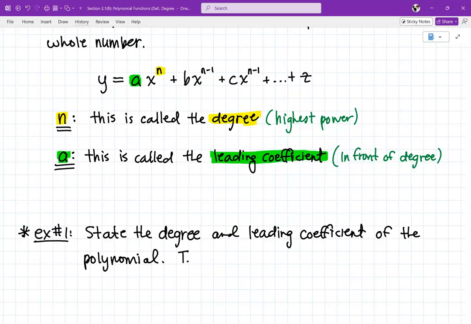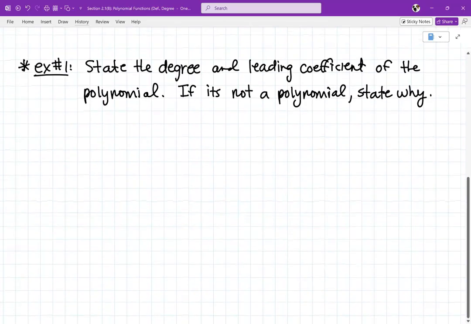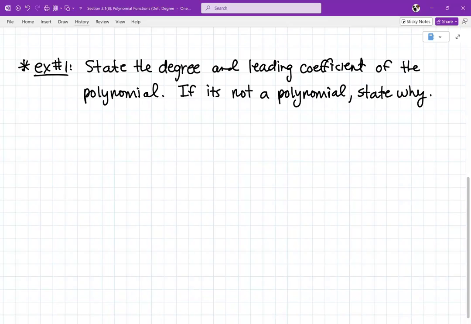If it's not a polynomial, state why. Like why is it not a polynomial? So we're going to state the degree and the leading coefficient of the polynomial, only if it's a polynomial.